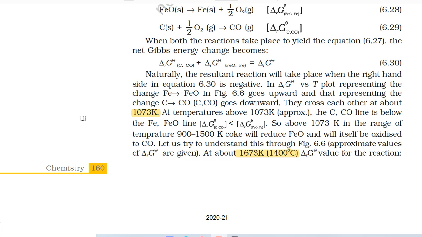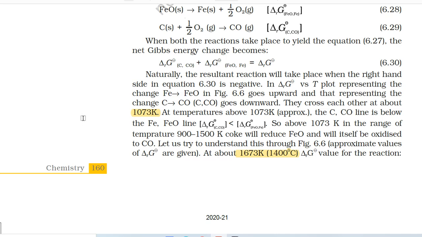At temperatures above 1073 Kelvin, approximately, the (C, CO) line is below the (Fe, FeO) line. So, above 1073 Kelvin in the range of temperature 900 to 1500 Kelvin, coke will reduce iron oxide and will itself be oxidized to carbon monoxide. Let us try to understand this through figure 6.6. In brackets, approximate values of ΔrG0 are given.